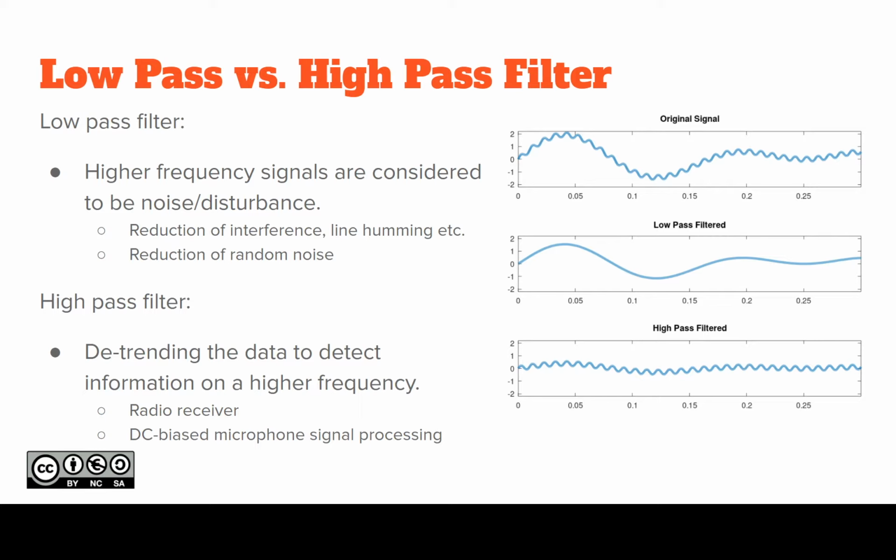This is a small simulation I made in the Octave program. A very simple one. Let's consider first that the original signal is the highest picture here, which has a low frequency signal, and in addition to it, some sinusoid signal.